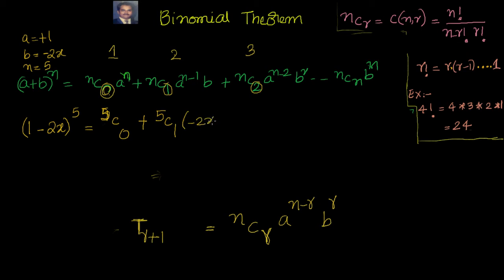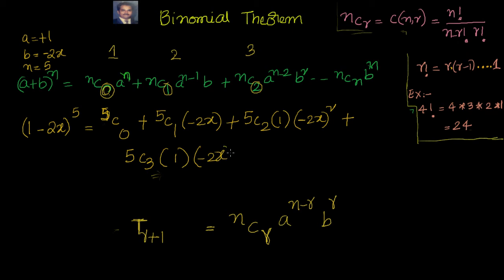B is nothing but minus 2x, plus 5C2 into, for your understanding I'll write 1, but after that I will have (minus 2x) whole squared, plus 5C3, again I will write 1, and after that (minus 2x) whole cubed, plus 5C4 (minus 2x) to the power of 4, plus 5C5 (minus 2x) to the power of 5.